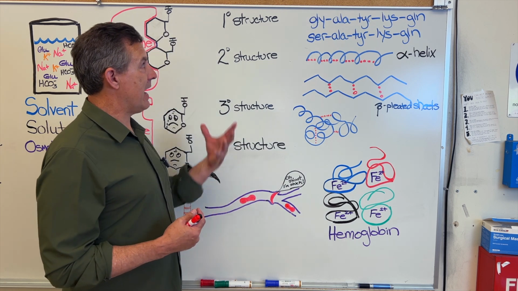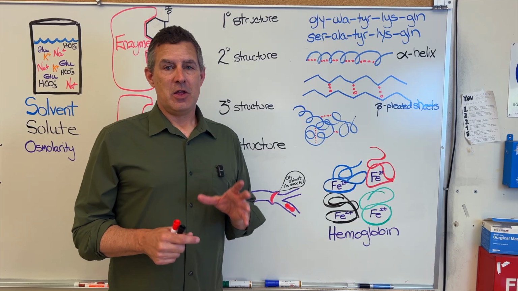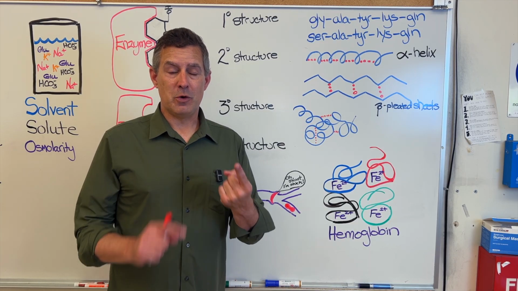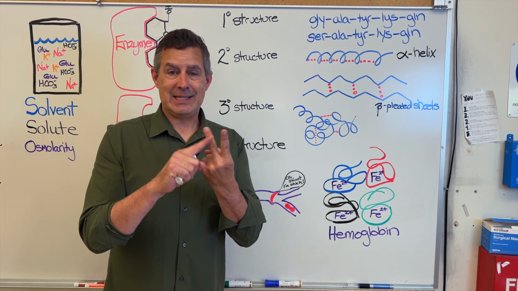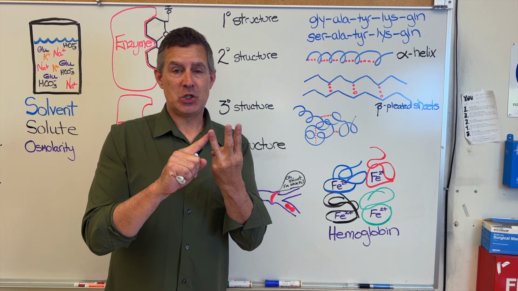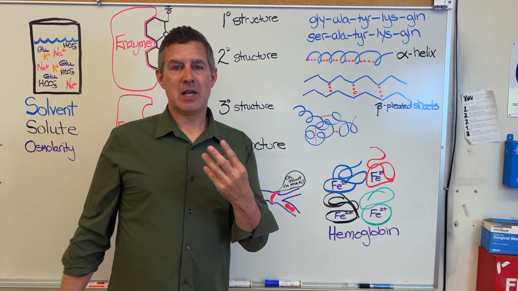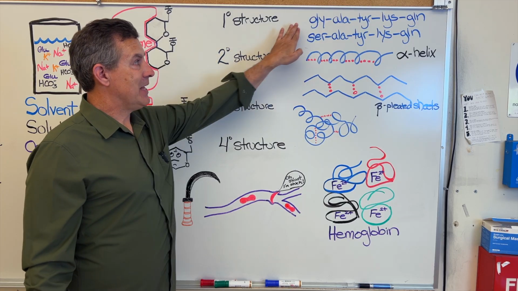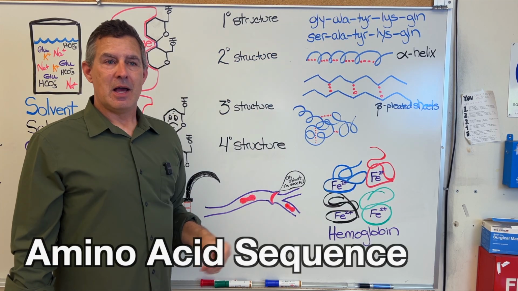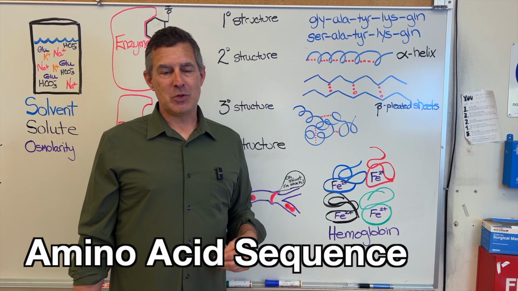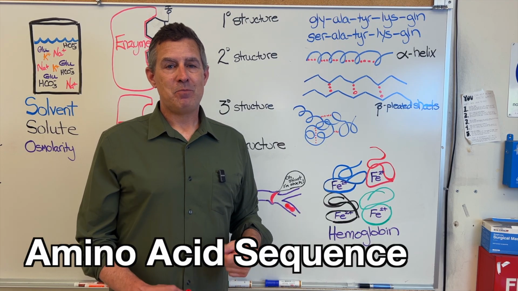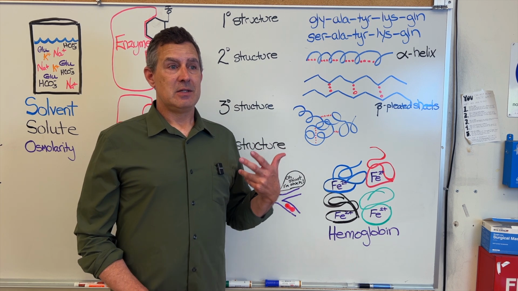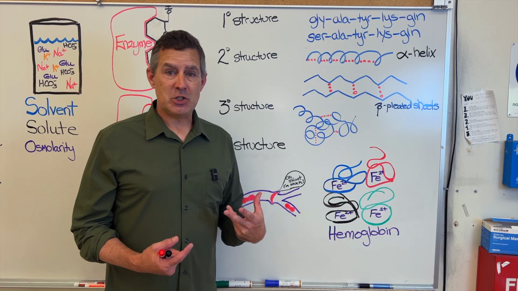There are 3, maybe 4 structures to a protein. We refer to a primary structure, a secondary structure, a tertiary structure, and then some proteins have a quaternary structure. The primary structure is the amino acid sequence. Amino acids are building blocks of proteins. There are 20 amino acids in nature that are utilized and put together in different orders to make what's known as a polypeptide chain.